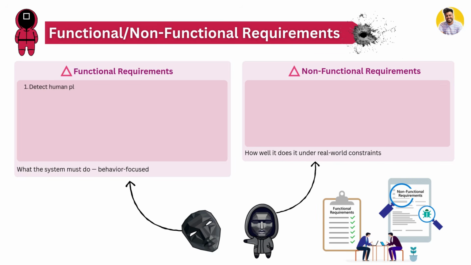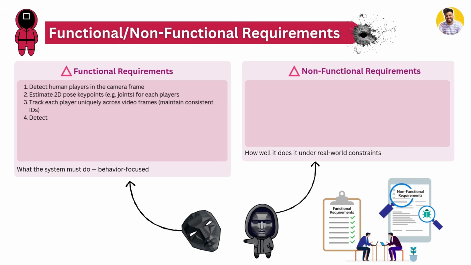So I created these functional requirements that show what the system must do. What I have to do is detect human players in the camera frame first, and then estimate the 2D pose key points for each player, track each player uniquely across the video frames, and detect the red light and green light phases.